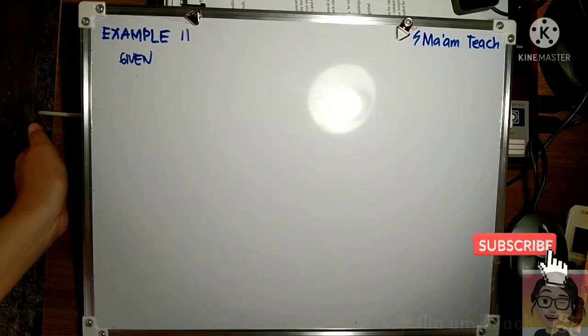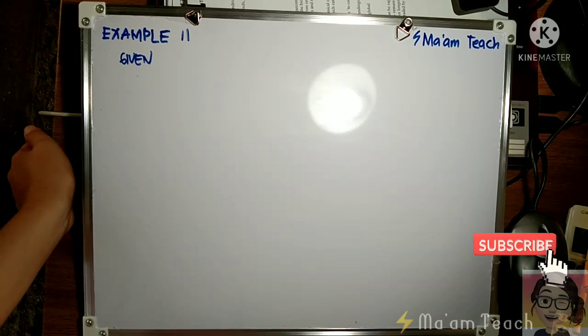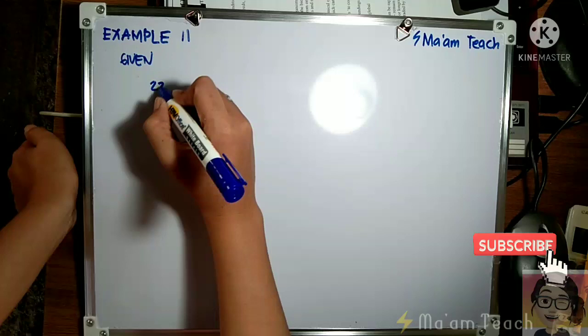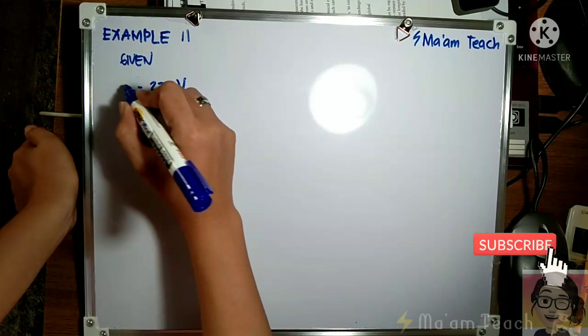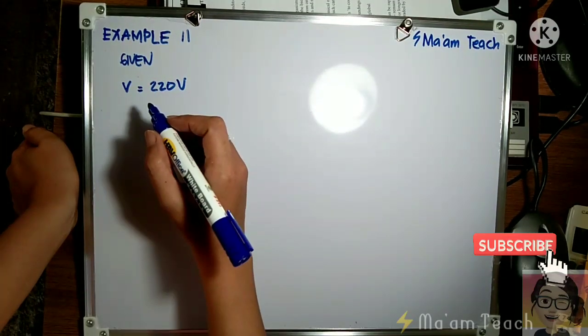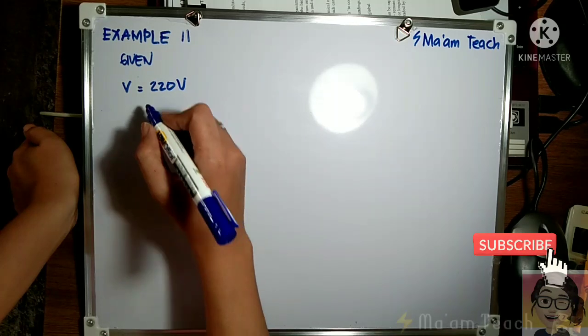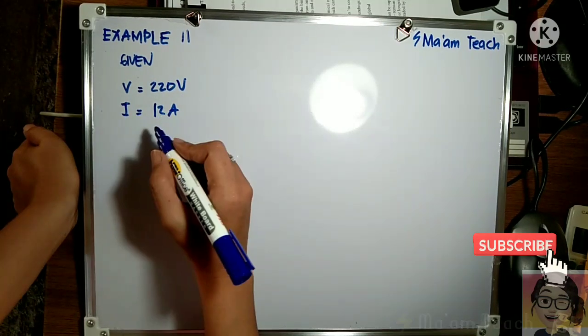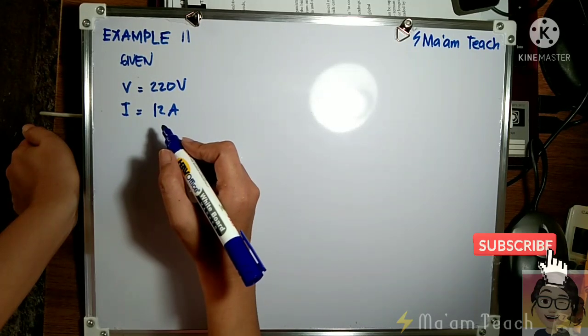Okay, so how about for example 11? We are given a hoist motor supplied by 220 volts. So 220 volts, that's our voltage. We have also 12 amperes. Okay, that's our current, of course. And it is to lift a mass.